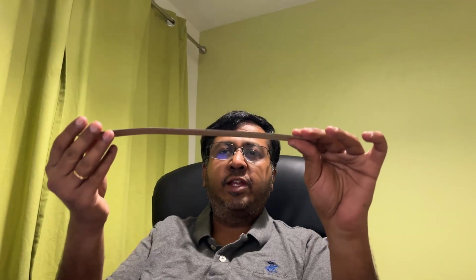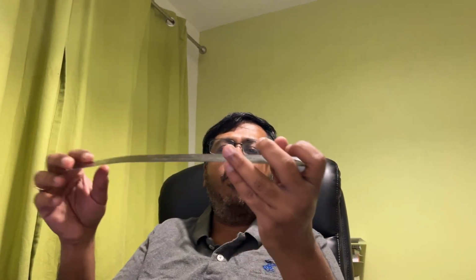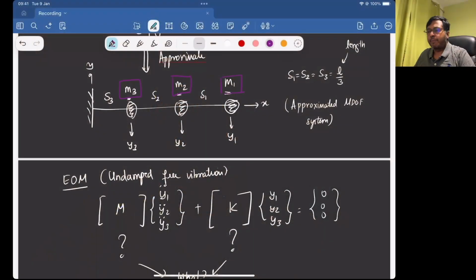That means that we need to say, if this is the total mass of this beam, how do I take it and put it into M1, M2 and M3? Can I just divide by 3? Probably not. We'll think about why we do this. In order to do this, we'll look at what's called a load sharing approach. Okay.